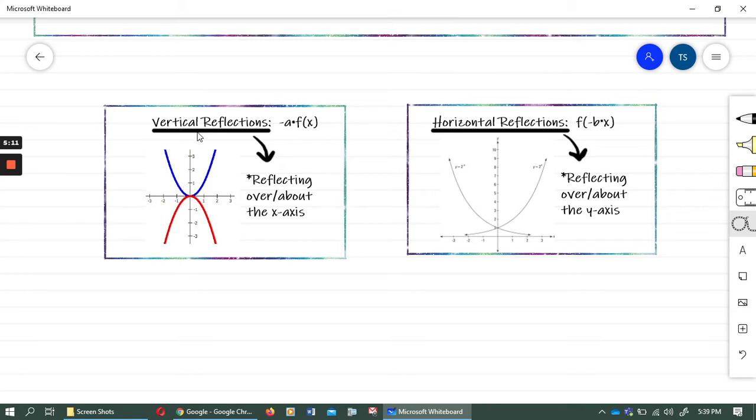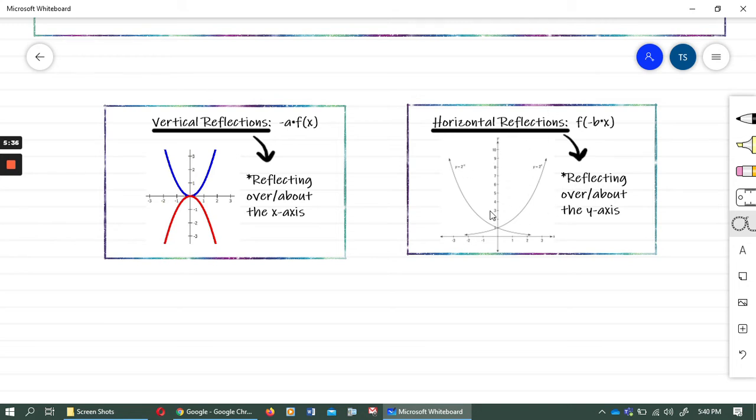And remember, we talked about the fact that a vertical reflection only occurs if you're multiplying by a negative number on the outside of the function, like what you see here with this general function notation, where you see negative a times f of x. Then we talked about horizontal reflections.